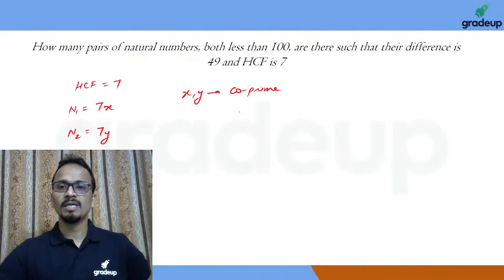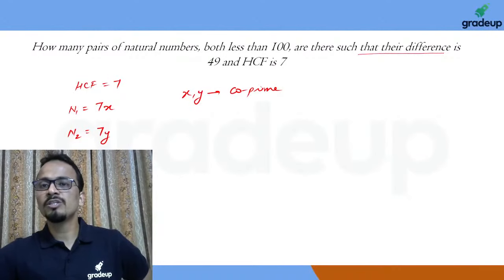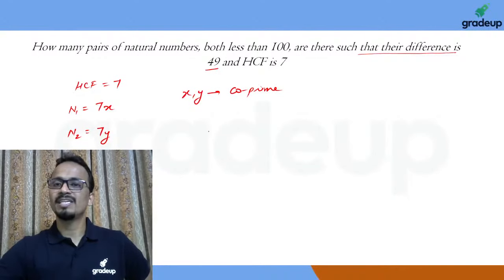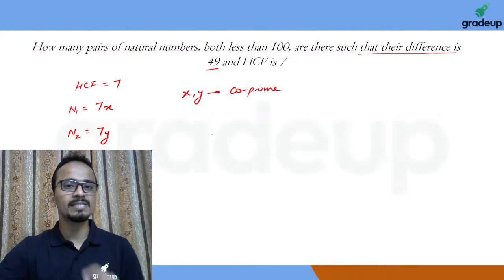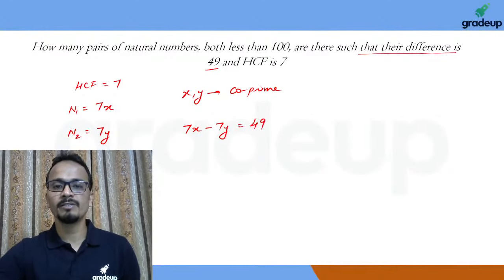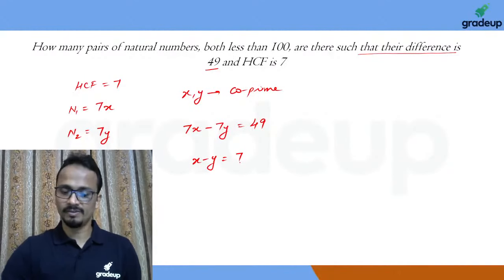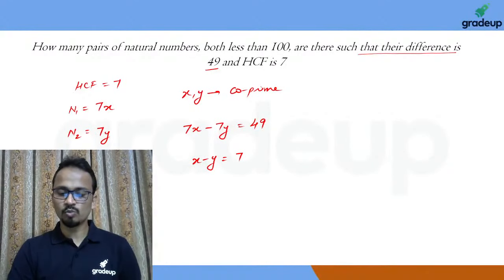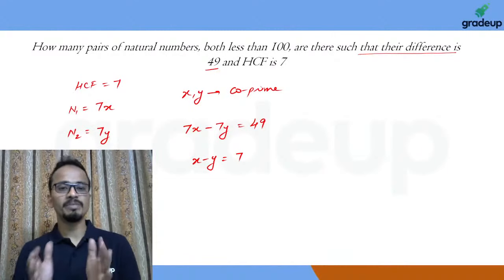Now you may make your equation using this. The difference between the numbers is 49. So I can say that 7x minus 7y will be equal to 49 and x minus y will be equal to 7. All right. So this is one relation that I have already obtained between x and y.